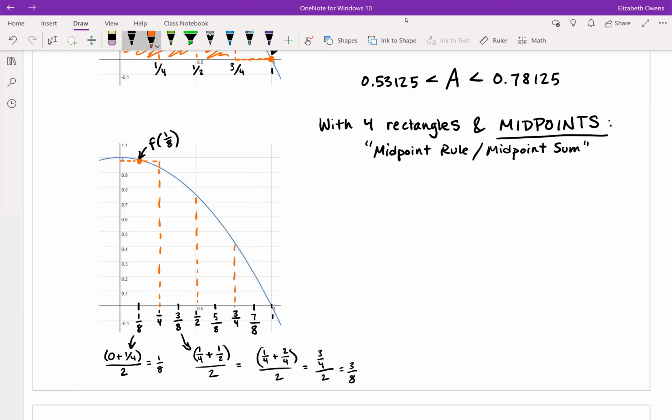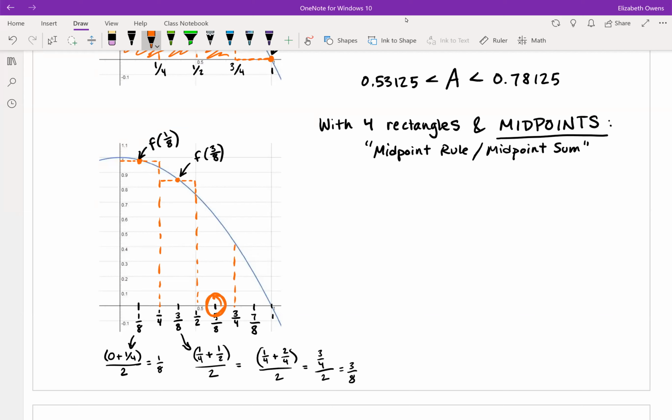Then on the second rectangle, we would use its midpoint 3/8, go up to where the function is. That point right there sets the height. That is f of 3/8 for the height there.